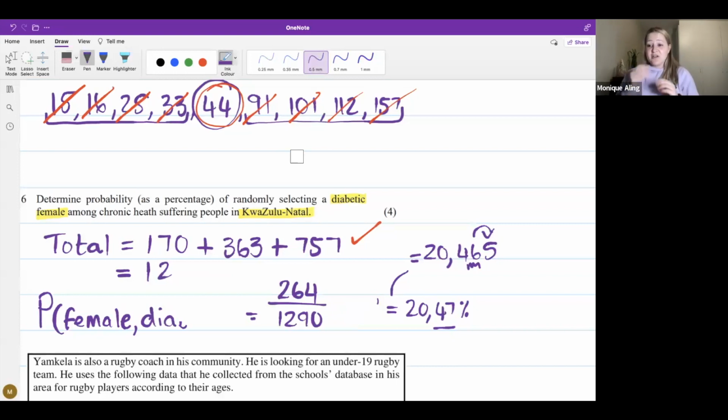So we want to know what are the chances of choosing a diabetic female. But then they said out of chronic health suffering people in KZN. So they said out of everyone in KZN that is suffering from something. They didn't say out of everyone with diabetes or out of everyone with asthma. They want to know in KZN, what is the chance that I'm going to choose a female that has diabetes out of everyone that is sick? So the chronic health suffering people in KZN included everyone that was sick.